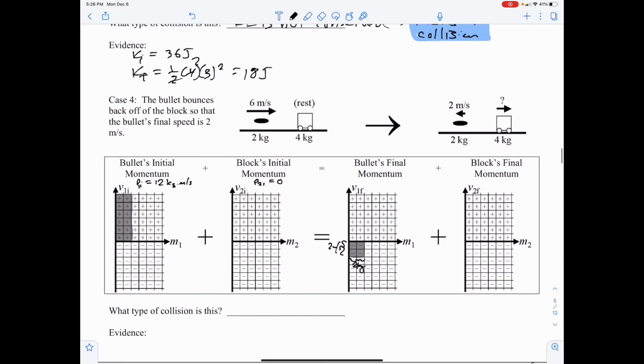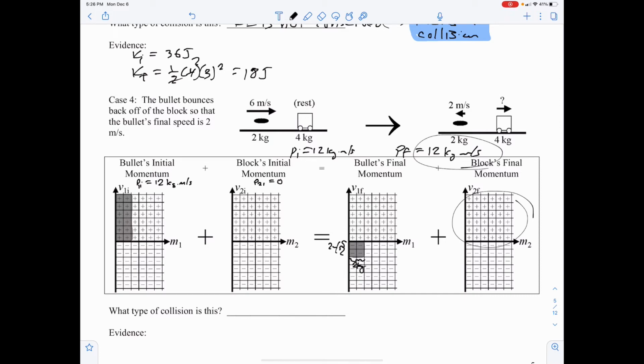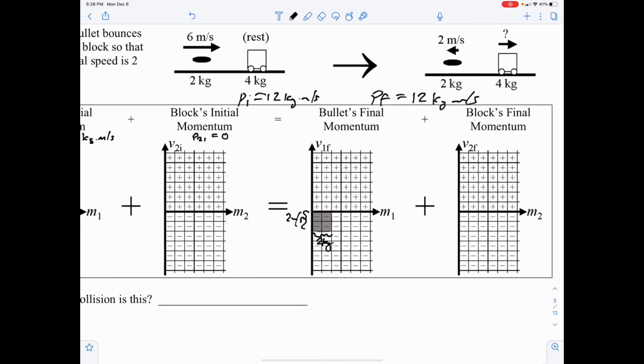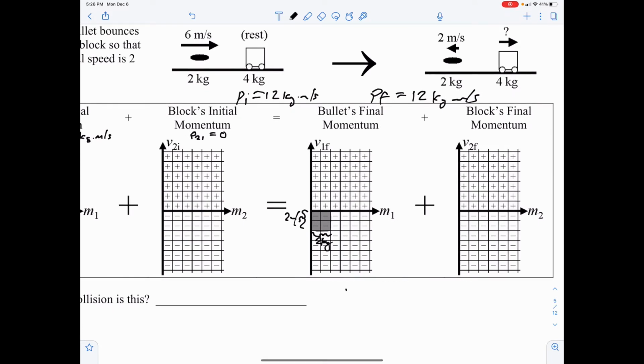So what do we have to be doing? You have to have an initial momentum of 12. And since momentum is conserved, your final momentum has to be 12. Well, if this is -4, what we're saying is -4 plus what equals 12? Well, how about this? P final equals P1 final plus P2 final.